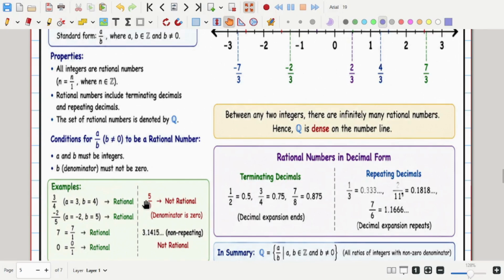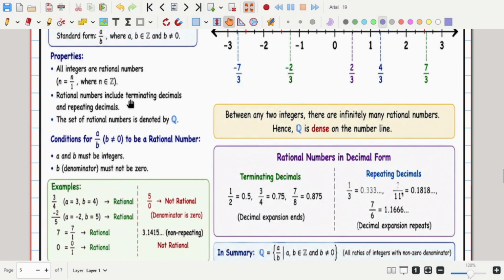But 5 by 0 is not a rational number because the denominator is 0, which doesn't satisfy the condition of rationality. The denominator must not be 0. So this condition fails here. Therefore 5 by 0 is not a rational number.